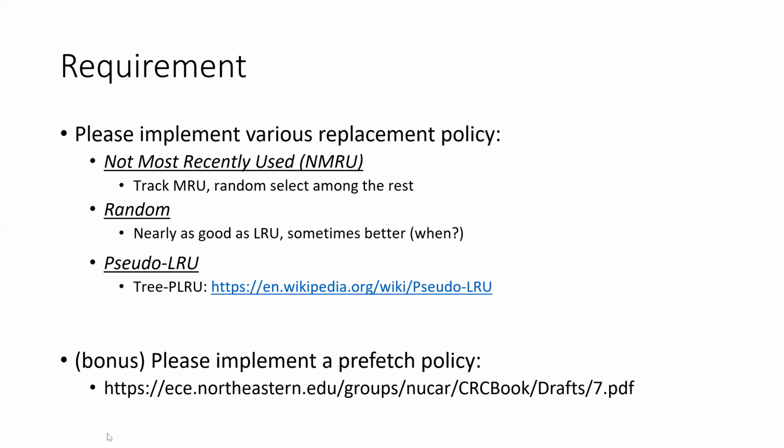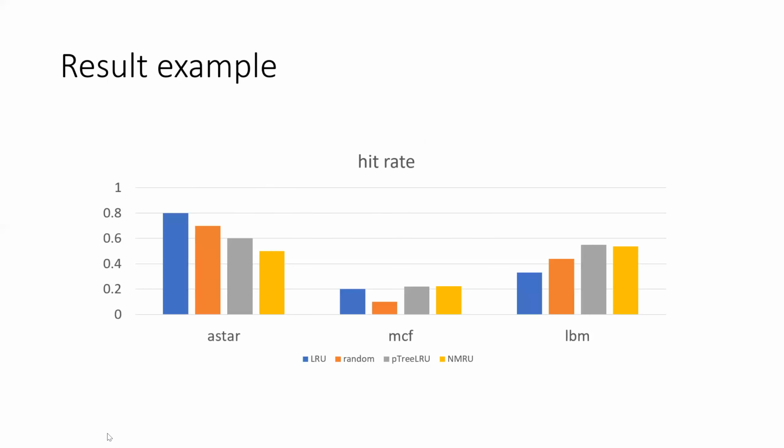And then you can also implement the other 2 types of replacement policy. And if you still have time, you can try to implement a prefetcher to further improve the hit rate.